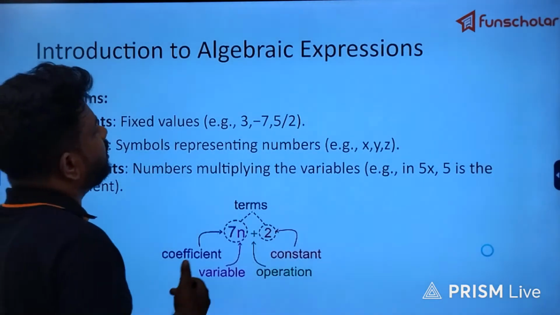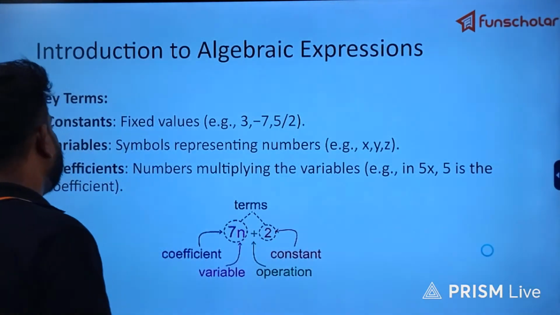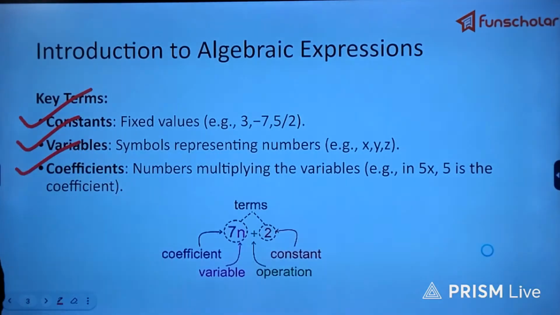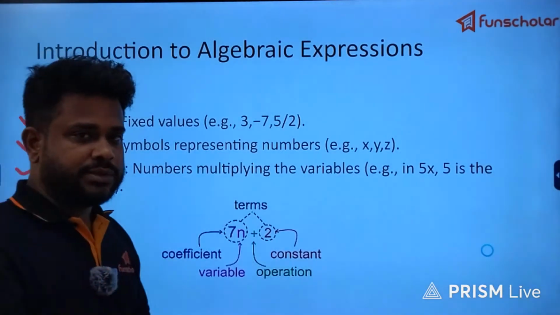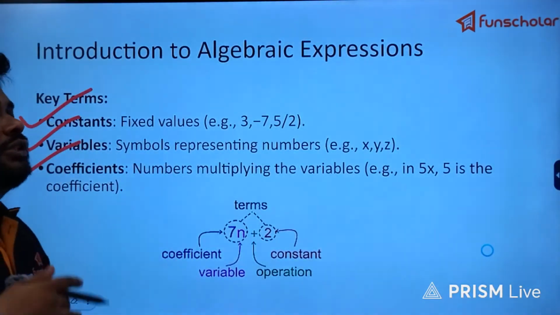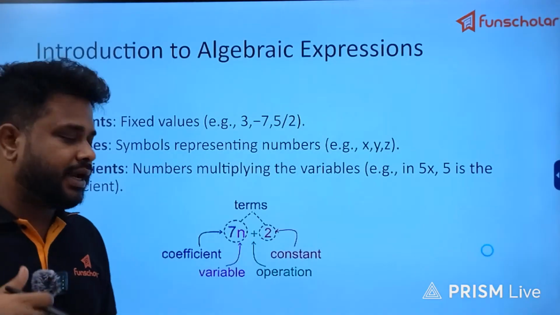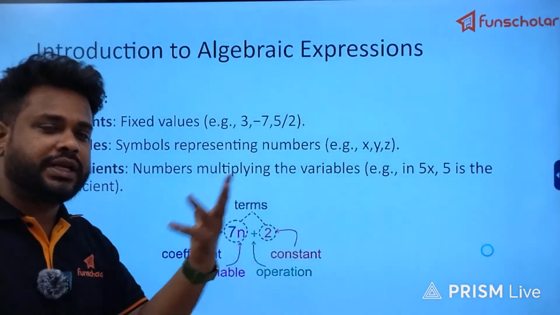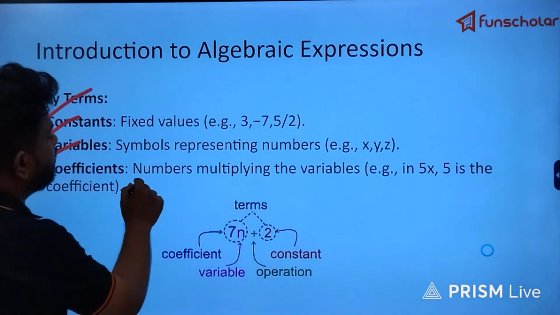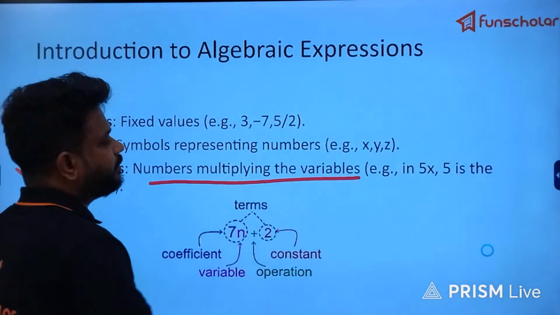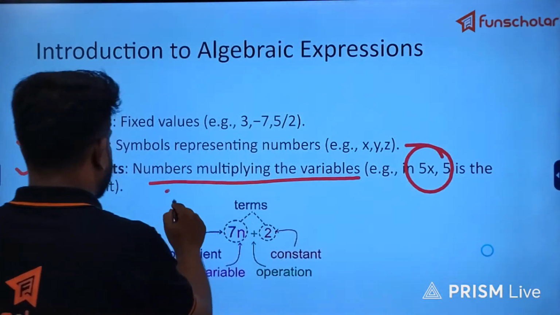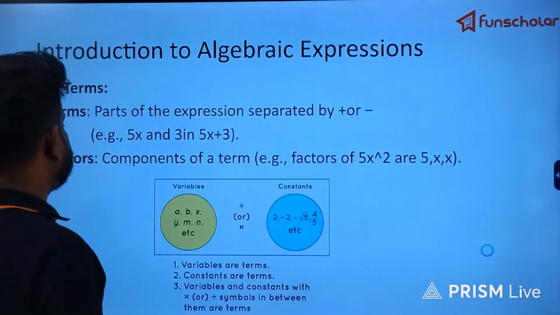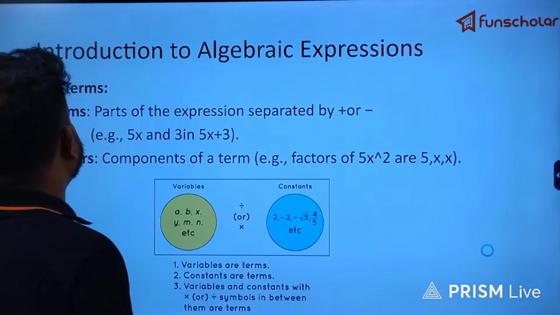We have already discussed constants, variables and also coefficients. Constants are the fixed terms, variables are the terms whose values vary many times, and coefficients are the numbers multiplying the variables, just like 5 in the 5x, 3 in the 3y and so many terms. Next, introduction to algebraic expressions, key terms.